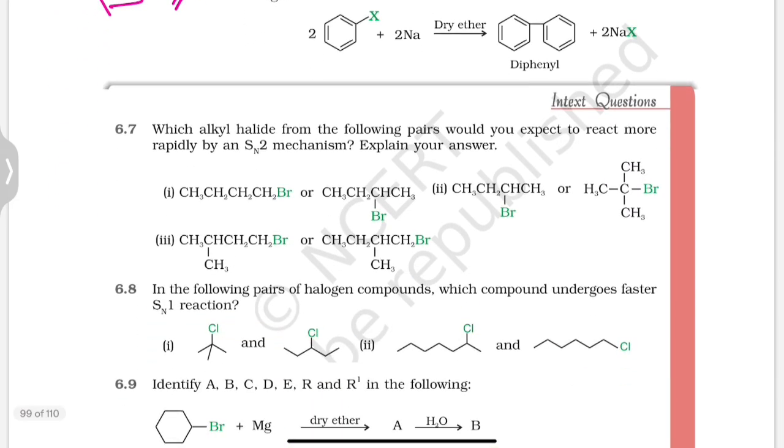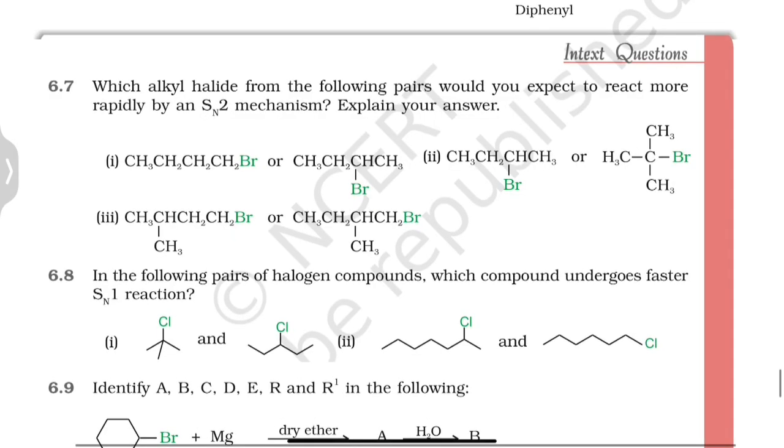Now we will solve in-text questions. Which alkyl halide from the following pairs would you expect to react more rapidly by SN2 mechanism? We will see which one will show a higher rate of SN2 mechanism. This is the first one and this is the second one.